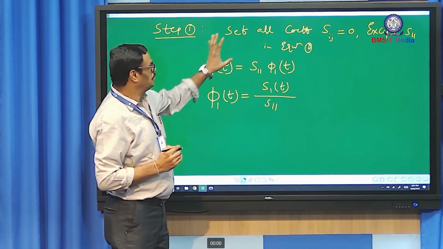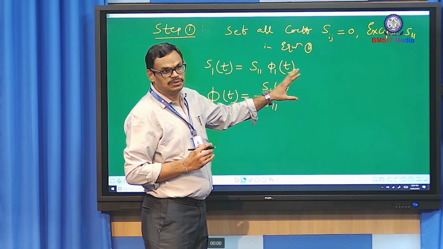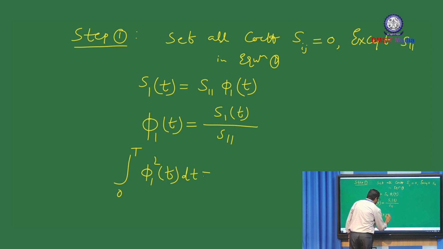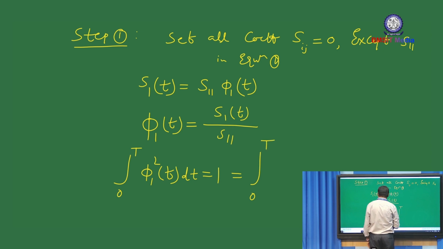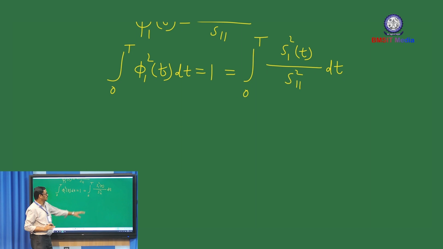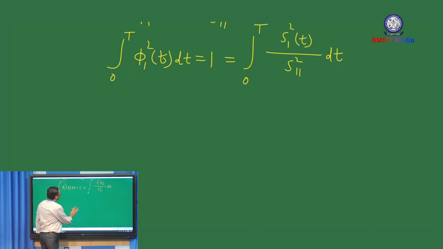The integral over 0 to T of phi_i of t, phi_j of t into dt is equal to 1 when i equals j. So with that I can write integral 0 to T, when i equals j, phi 1 square of t into dt, which is equal to 1, which is equal to integral 0 to T. So phi 1 of t is s1 of t, that is s1 square of t divided by s11 square into dt. Now I can solve this equation for s11.